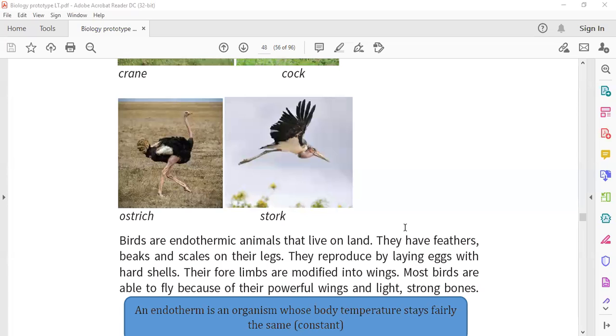Teacher, do ostriches have the same bones as other birds? What do you mean by the same? Because ostriches don't fly. Okay, for them, since they are not able to fly, their bones are not hollow.